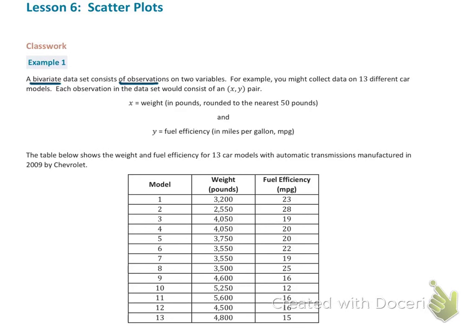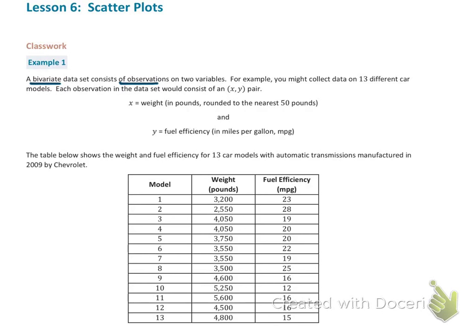We've got 13 different models of cars. They each have a weight, and their fuel efficiency can also be measured. So we want to see if there's a relationship between weight of a car and its fuel efficiency.